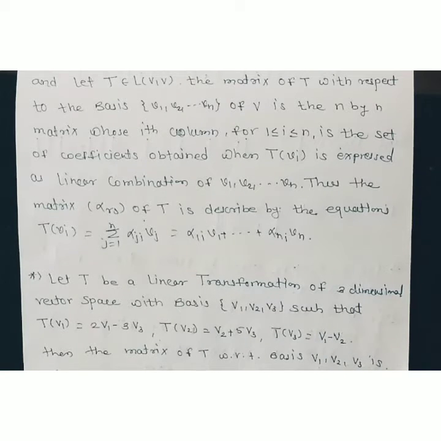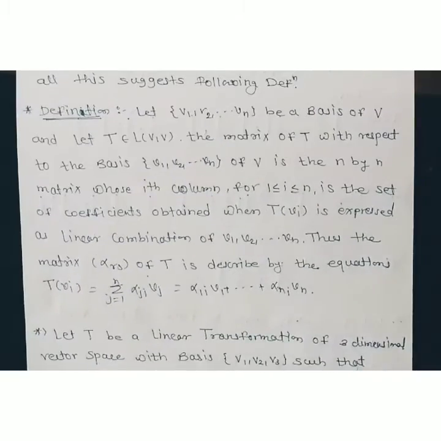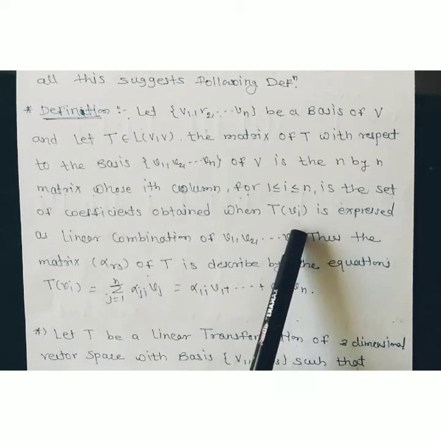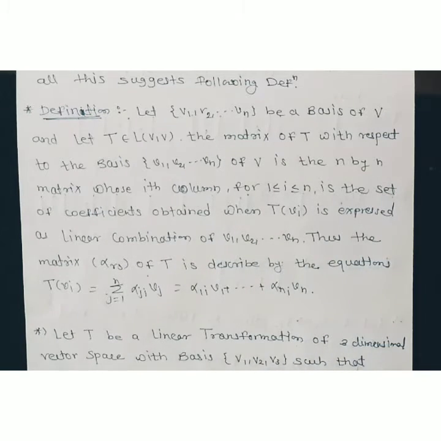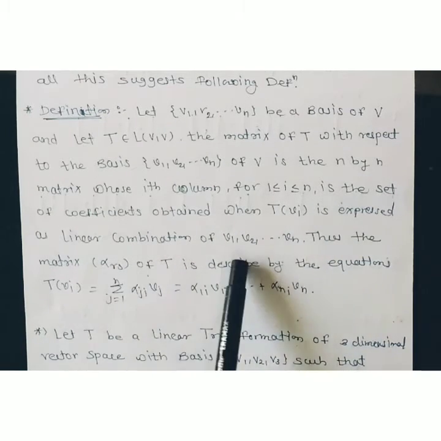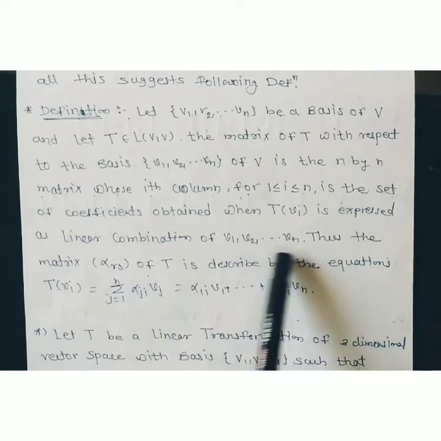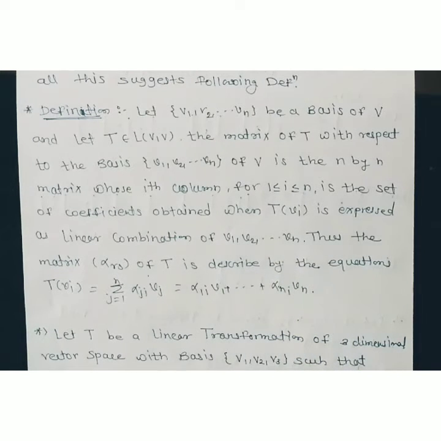So how is this matrix calculated? By using the definition. The entries in the ith column are nothing but the coefficients of T(vi) when it is expressed as a combination of the basis vectors v1, v2, vn. In that way, every column of the matrix is calculated.